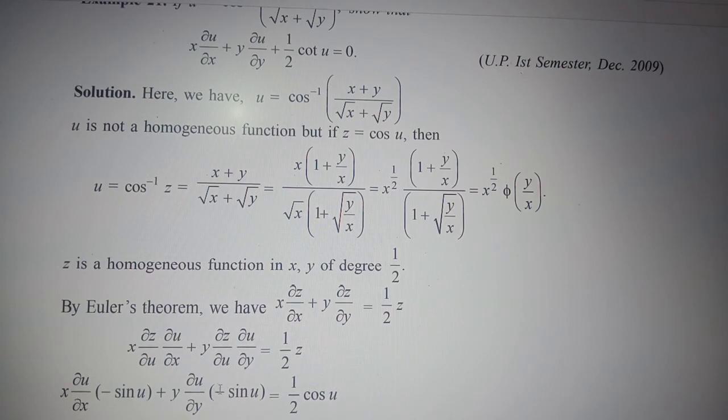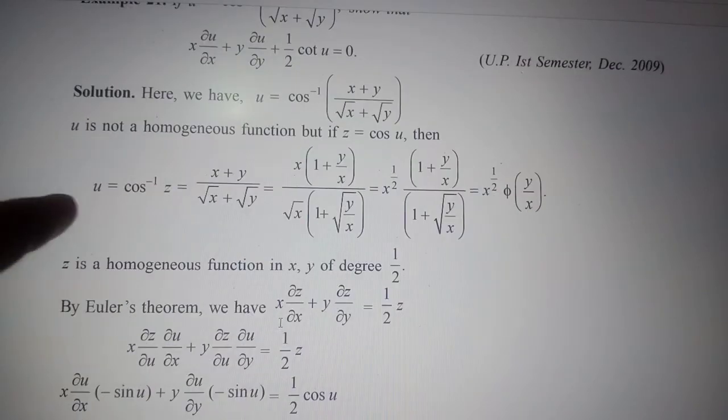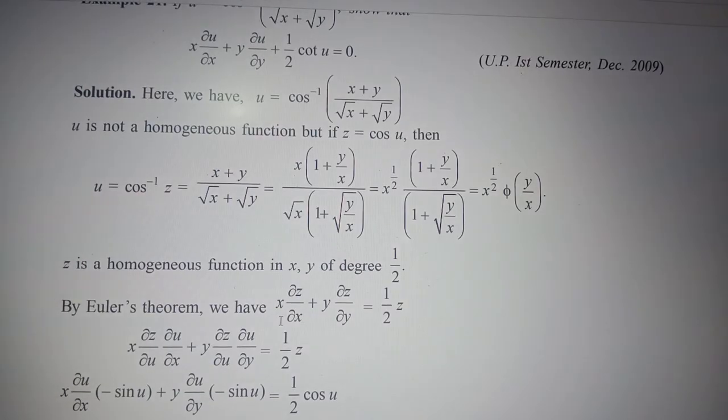We find dou z by dou x, which means dou z by dou u into dou u by dou x.